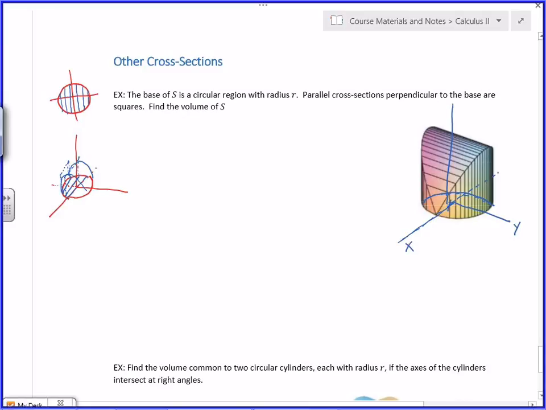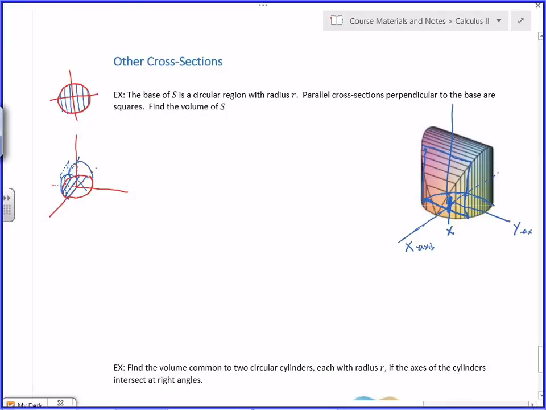So I want to pick some value on my x-axis. Okay? I'm going to let that be x. Okay, so at that value of x, I'm going to look at a cross-section of this piece. Oh, I didn't go high enough, sorry. There's that square right there.